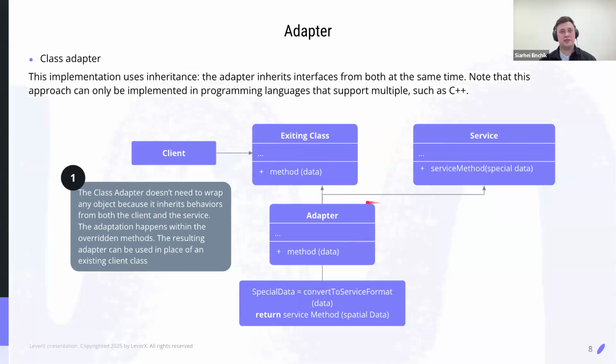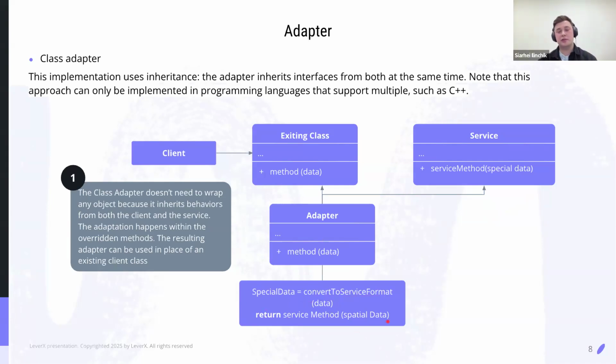So the adapter would have a function which would convert the XML to JSON, and you can, for instance, extend this adapter class in your service class and override the method you want to make work with XML now. So first the adapter method would be called, which would convert the data from XML to JSON, and then it would be passed to the service method.